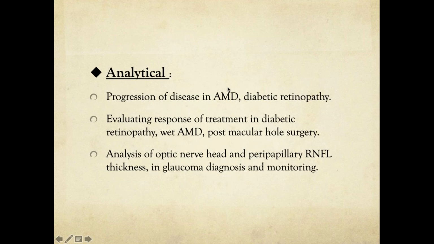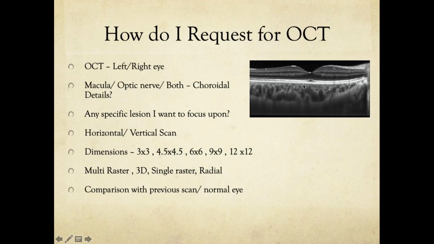So progression of these are also done for the progression of various other diseases that I don't need to mention. So when I request for an OCT, how do I do it? Because what I see in most of the places is that you just say right eye OCT or right eye OCT macula. You just send it to the technician.